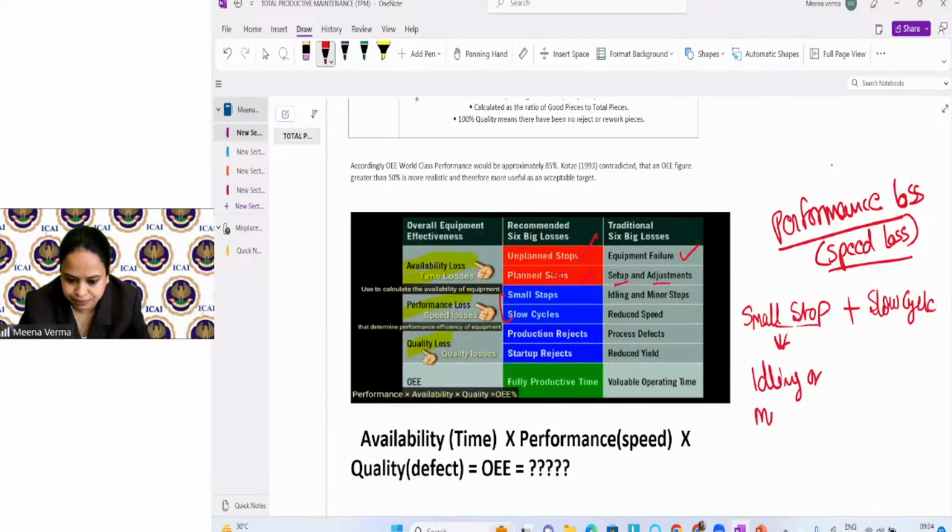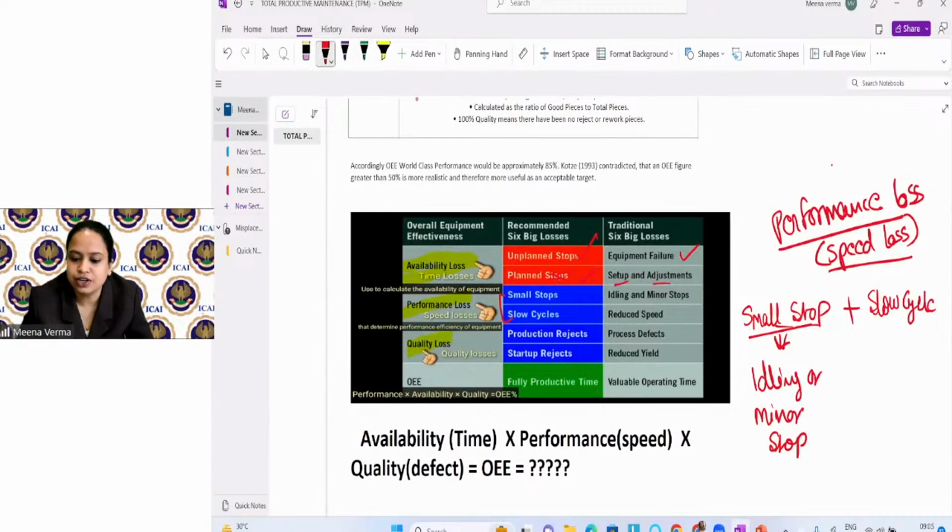How does this happen? For example, the worker is working on a machine. Obviously, he will take small breaks. Like the operator needs time to have lunch, breakfast, or a tea break. That will result in idling or minor stop.